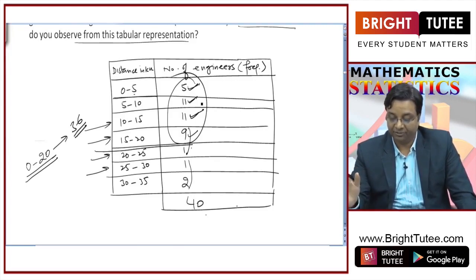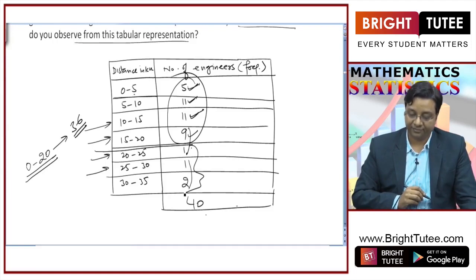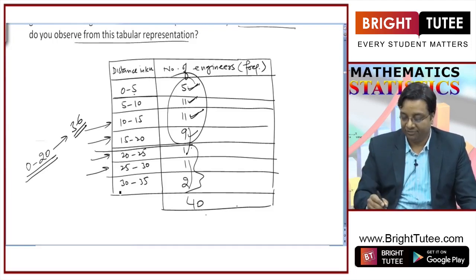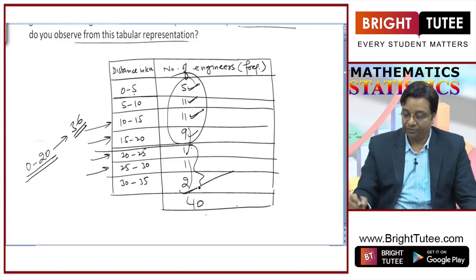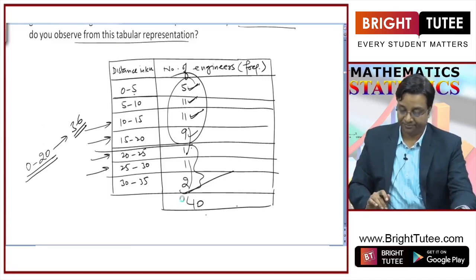So this is what we can observe. Beyond 20 kilometers, there are only 4 engineers. Okay, and you can keep on making these observations. If I ask you how many engineers live beyond 30 kilometers from their places of work, you will say 2, right? So this is how you will interpret this data.